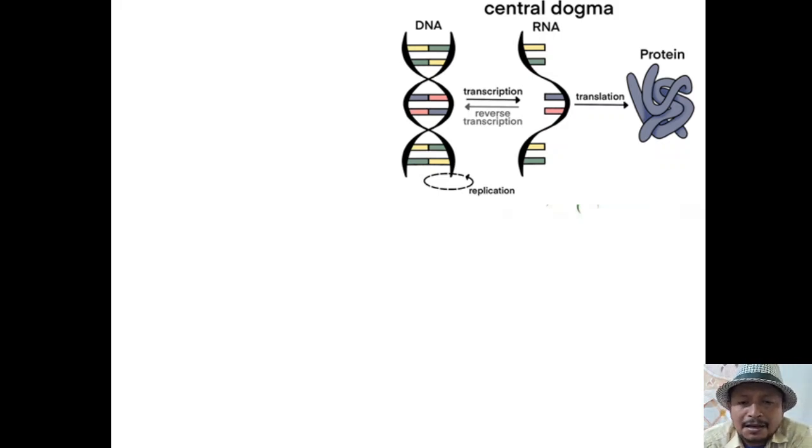So when a gene is translated, it ultimately produces a protein. So what is a protein? It is basically the polymeric form of amino acids, or in other words, amino acids are the monomeric units of proteins.